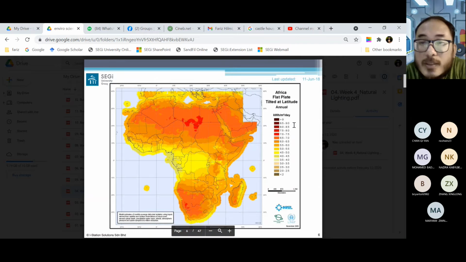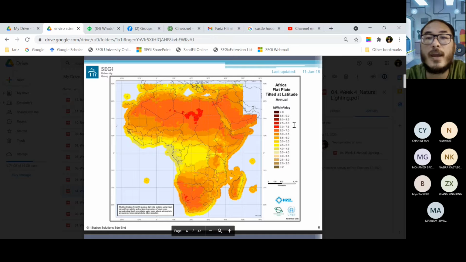Okay, so what's this? This is an example of Africa, flat plate tilted at the latitude. This is actually showing us a model estimate of monthly average daily total radiation using input derived from the satellite and surface observation of cloud cover, aerosol optical length, precipitable water vapor, albedo, atmospheric pressure, and ozone sampled at 40 kilometer resolution.